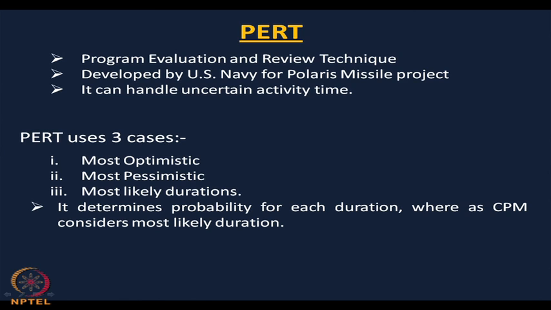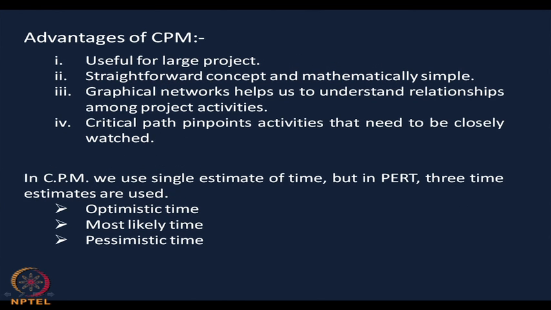It determines the probability for each duration, whereas CPM considers most likely duration. I will talk about these points one after another. Let me just tell you the advantages of CPM, or where we should use the CPM. It is useful for very large projects, straightforward concept, and mathematically it is easy to implement.